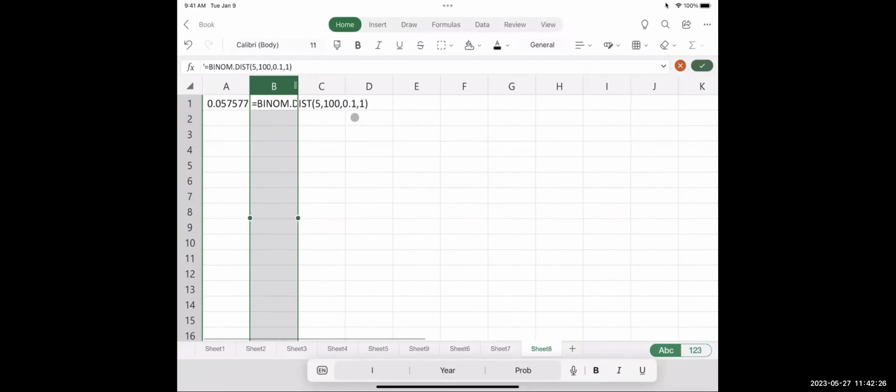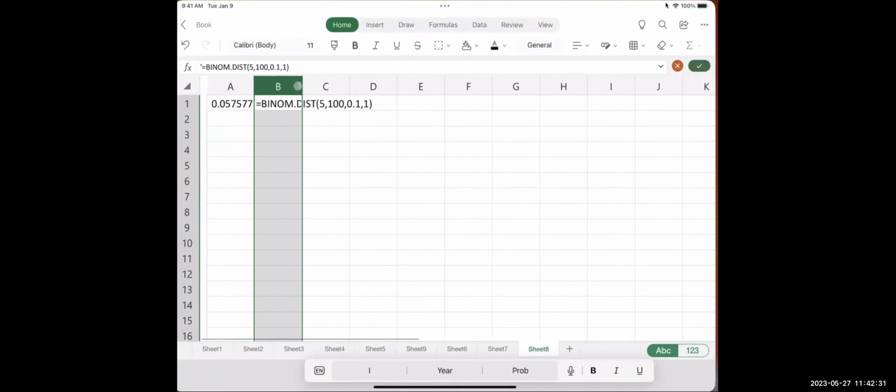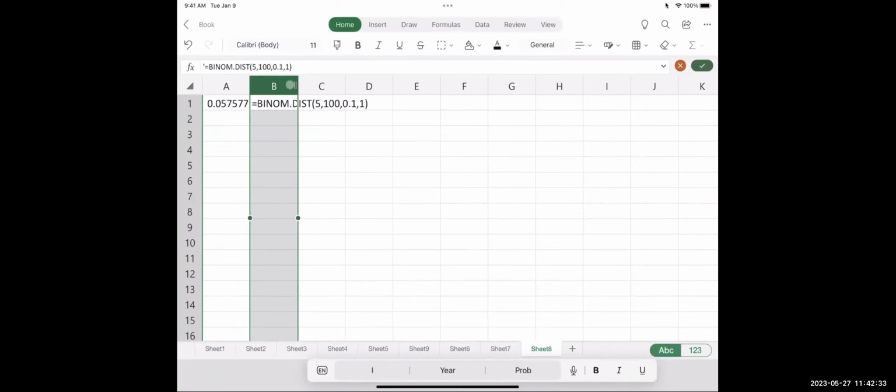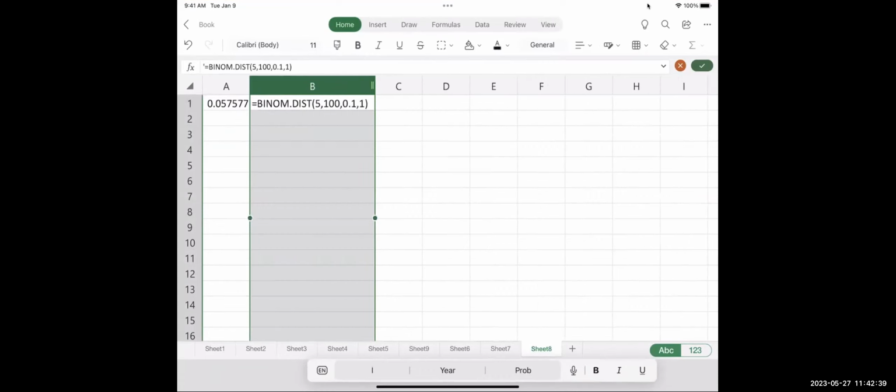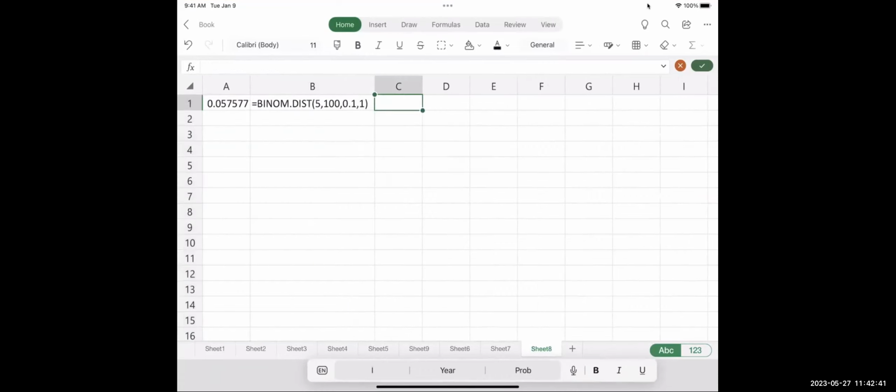So how do we calculate greater than 5? One minus the equation. Right, so this is going to be P of X greater than 5, which is what I want. This is less than 5.